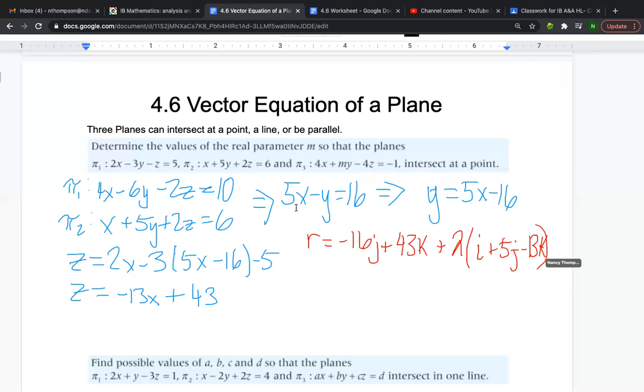Okay. From there, here's where it gets a little bit tricky about you needing to know the definitions.